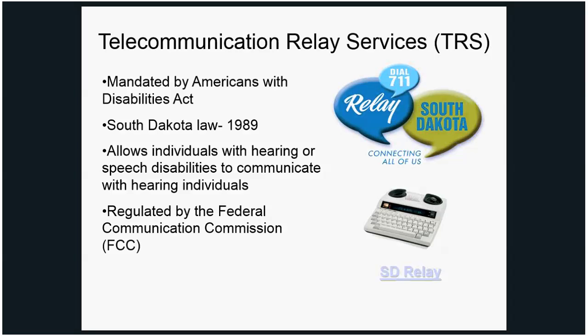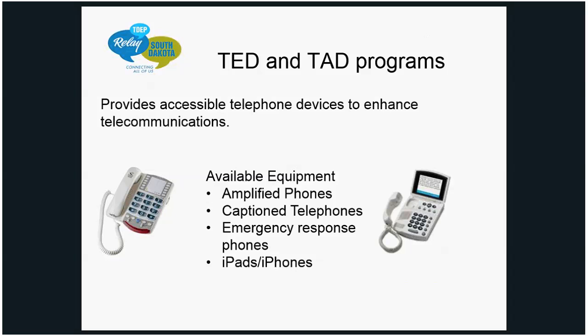The TED and TAD programs, or Telecommunication Equipment Distribution and Telecommunication Adaptive Devices programs. These are equipment programs that have been in place for about as long as the TRS service has been in place as well. This very simply is putting the devices in the hands of the people with disabilities that they need to use TRS services or otherwise who can't use a regular phone for telecommunication.